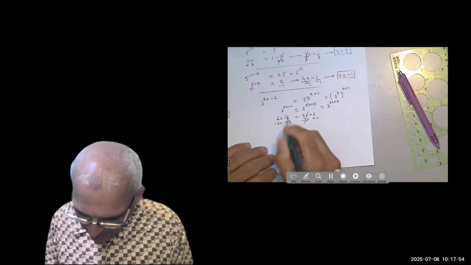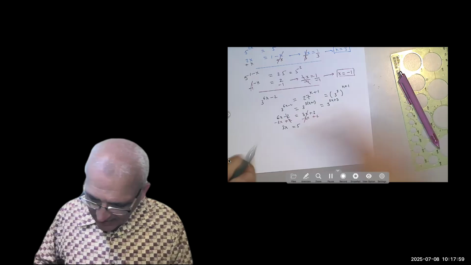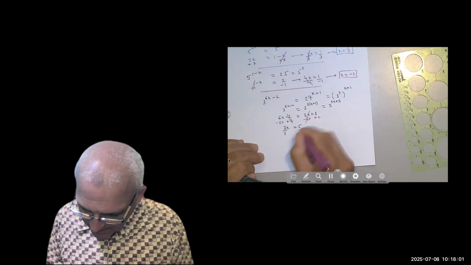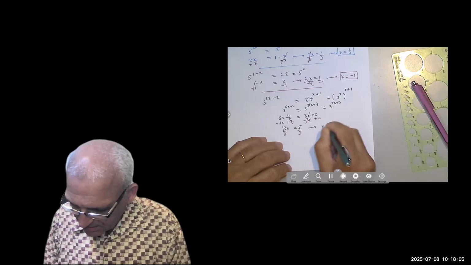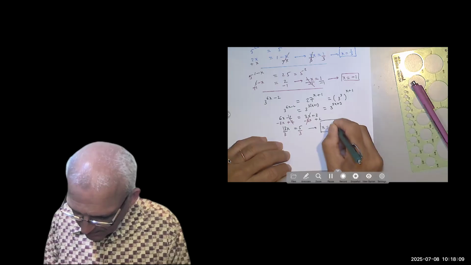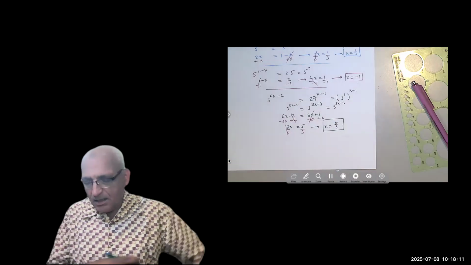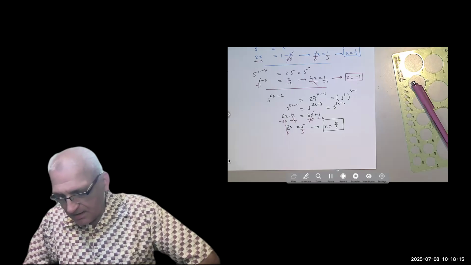That will give me 3x equals 5. Divide by 3 on both sides, and I get x equals 5/3. So I think this would be the same thing.